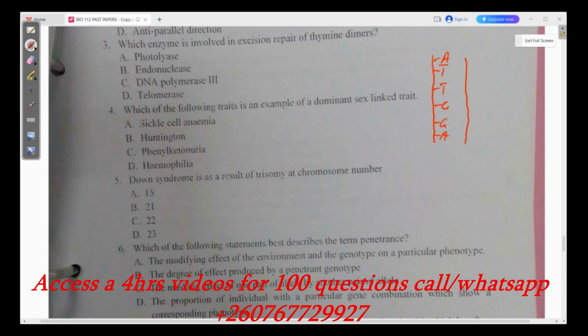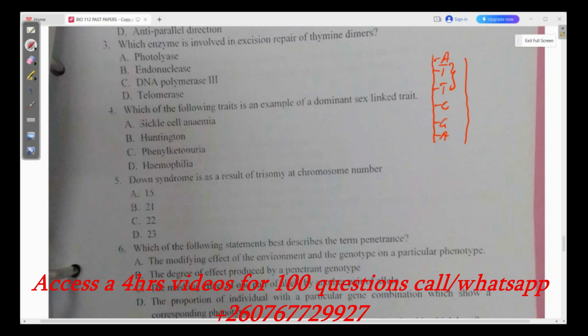So I'll only focus on a single strand. A thymine dimer is when two adjacent thymine bases react together. Okay, so these are adjacent what? Adjacent thymine. So when these thymines form a bond on the same strand, that is what is known as a thymine dimer, and that is going to result in a mutation.